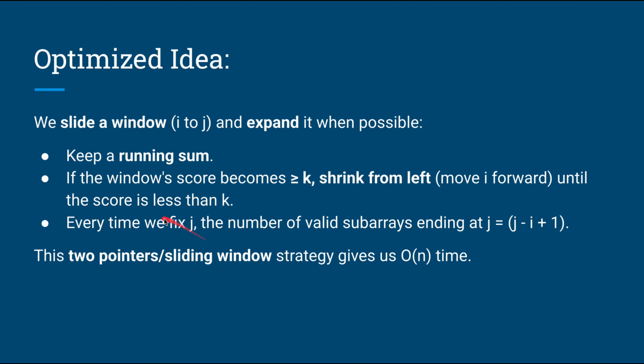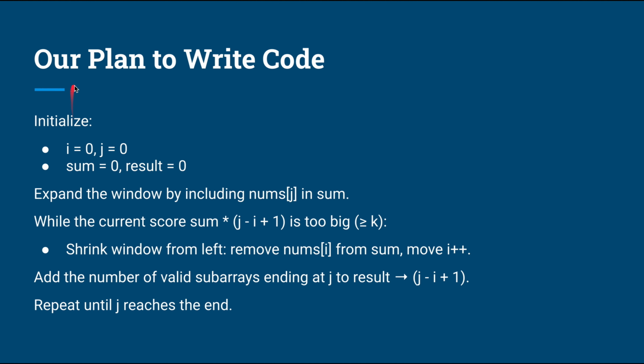So our plan to write the code will be, first of all, we'll initialize two variables i and j, take a running sum and the result, and this result we have to return.